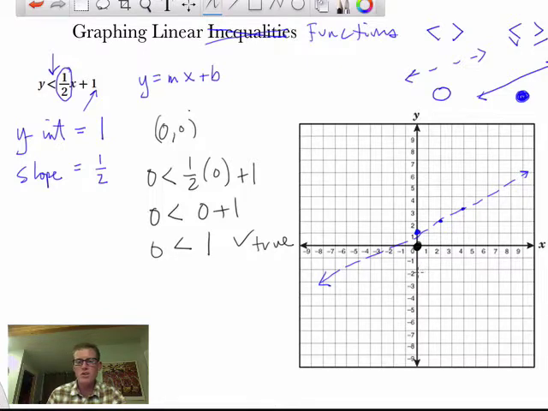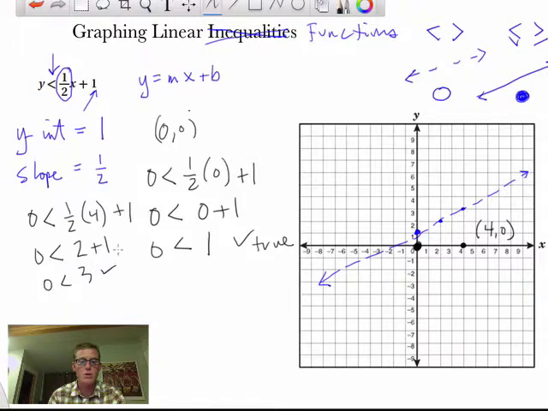Let's do another point just to see if we're on the right track. Let's look at this point right here, and that point is going to be (4, 0). Okay, so I'm going to plug 4 and 0 into my equation. So we'll have 0 is less than 1/2 times 4 plus 1. Okay, 0 is less than 2 plus 1. 0 is less than 3. That's also true.